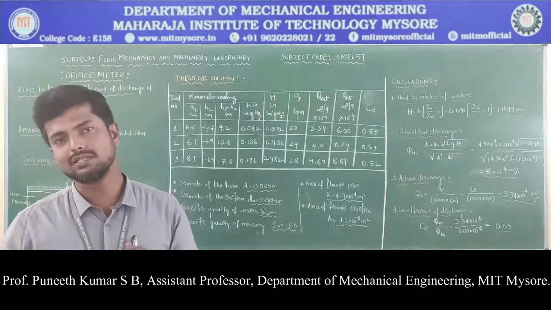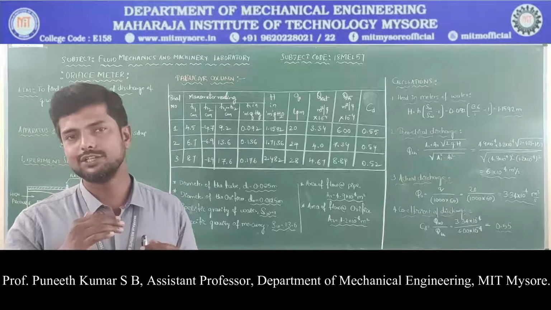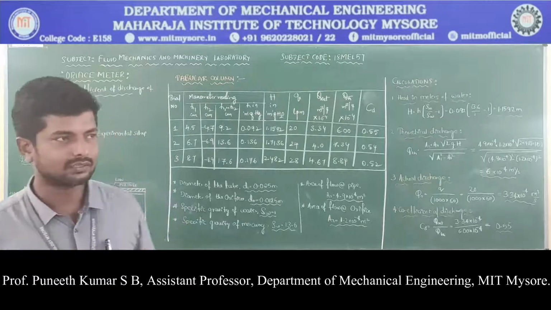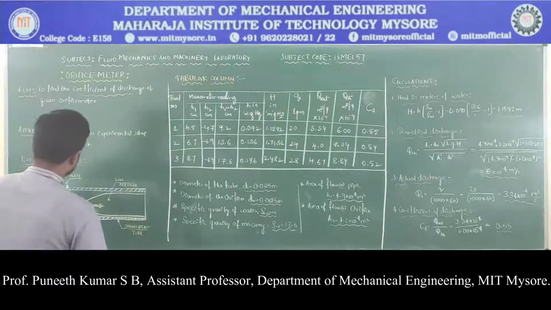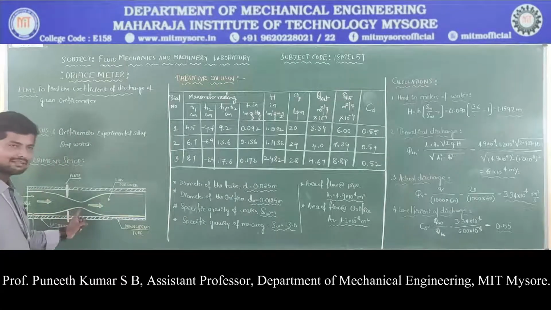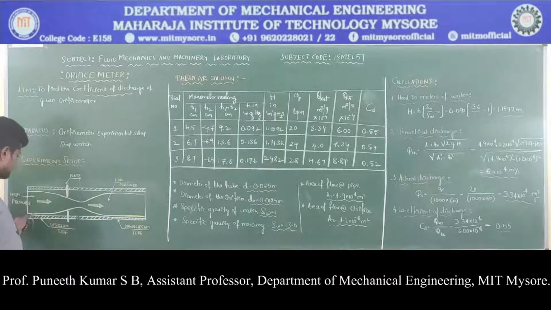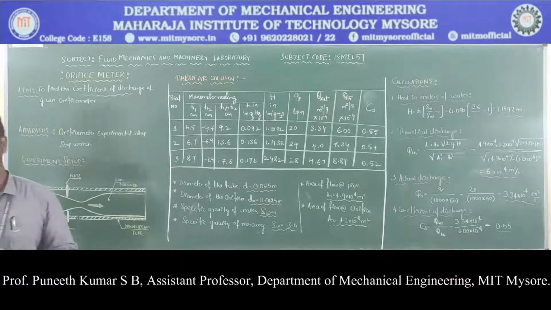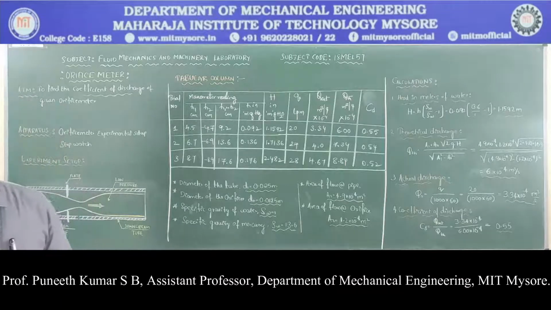Once the flow starts, there will be a deviation in the level of mercury. Why? Because as soon as the flow starts, the pressure here tends to drop and the pressure here tends to rise. This creates the difference in the mercury manometer reading.